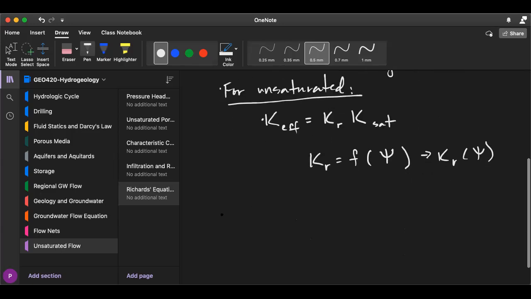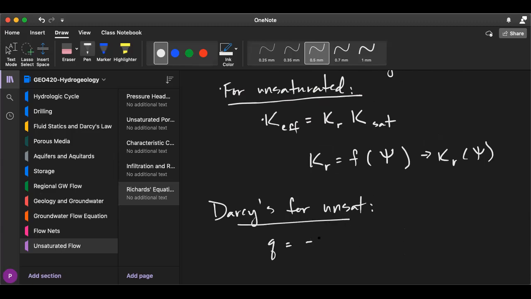So Darcy's for unsaturated: little q is equal to negative KR, which is a function of psi, times K sat, our normal saturated hydraulic conductivity, times dH over dL.